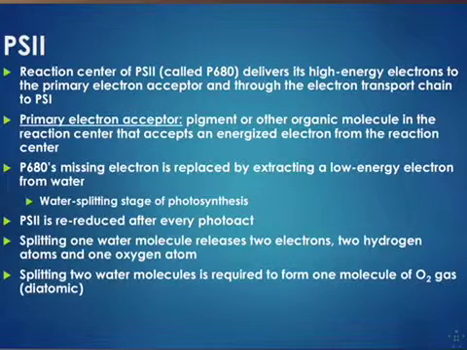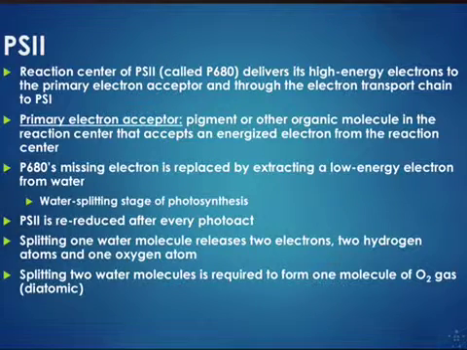So, photosystem 2. Its reaction center, so that blue piece of the diagram, is called P680. And it delivers high energy electrons to the primary electron acceptor and then moves the electron through the electron transport chain to PS1.